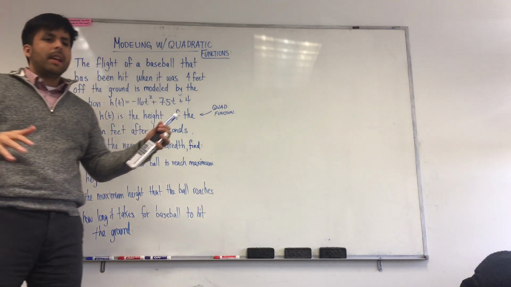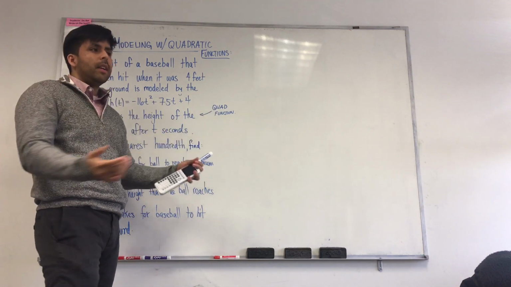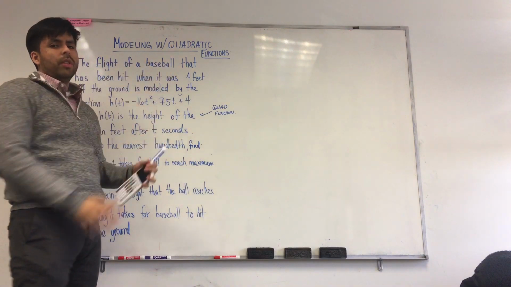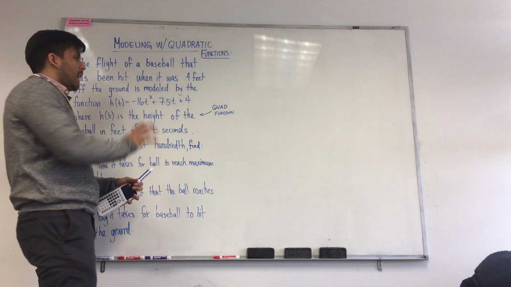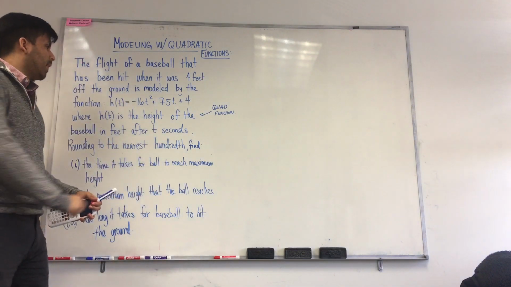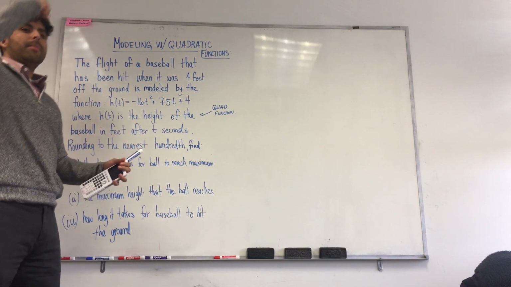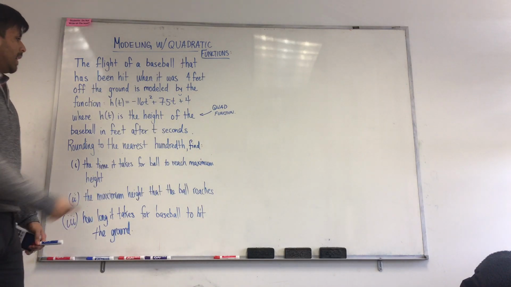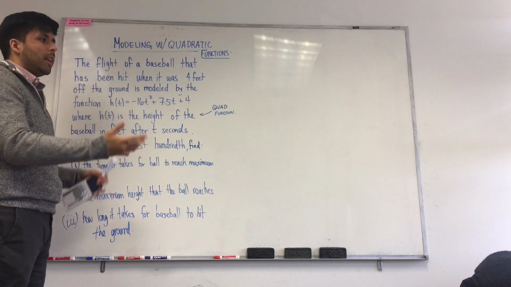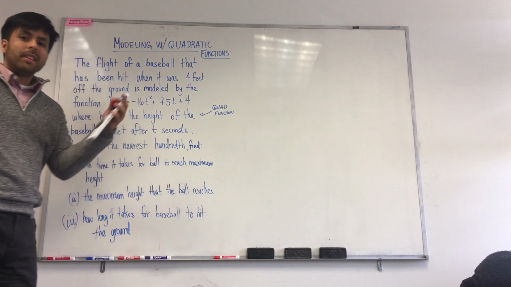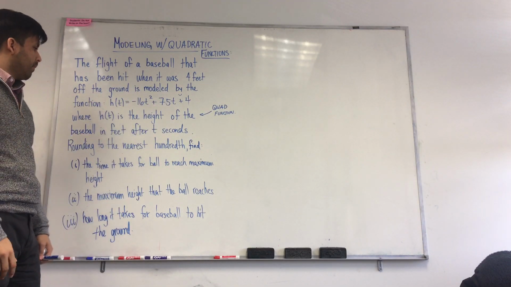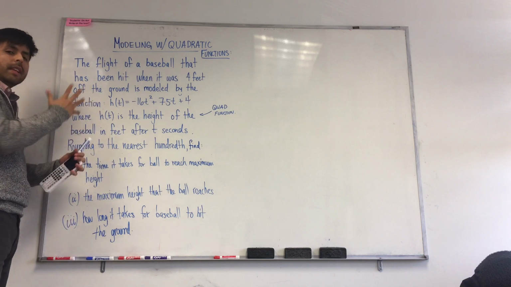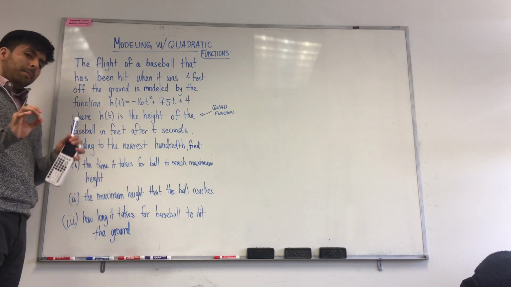And there's the physics that can explain the reasons as to why such a ball goes through this parabolic trajectory. But we're just going to accept the fact that the ball will follow a parabolic trajectory, and that parabolic trajectory can be graphed by this particular quadratic function.